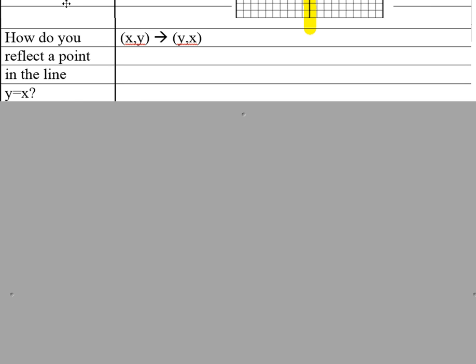And the last line of reflection is reflecting a point or a figure in the line y = x. I don't know if you recall, but in algebra, the line y = x is a diagonal that goes straight through the origin. So this here is the line y = x.